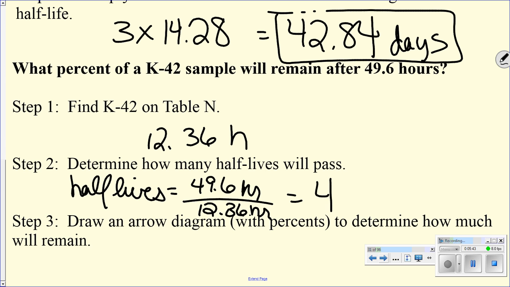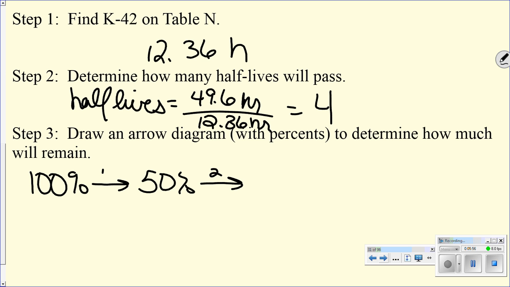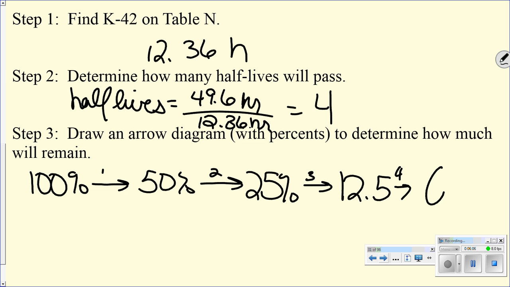So now we're going to do an arrow diagram, but this time we're going to do it with percents. We started with 100%. If we chop this one time, we get down to 50%. 2 times, we get down to 25%. 3 times, 12.5%. And then our 4th chop will get us down to 6.25% of the original sample.